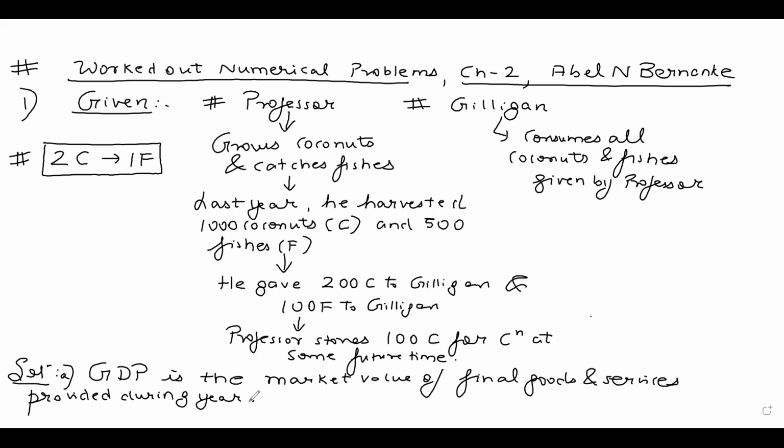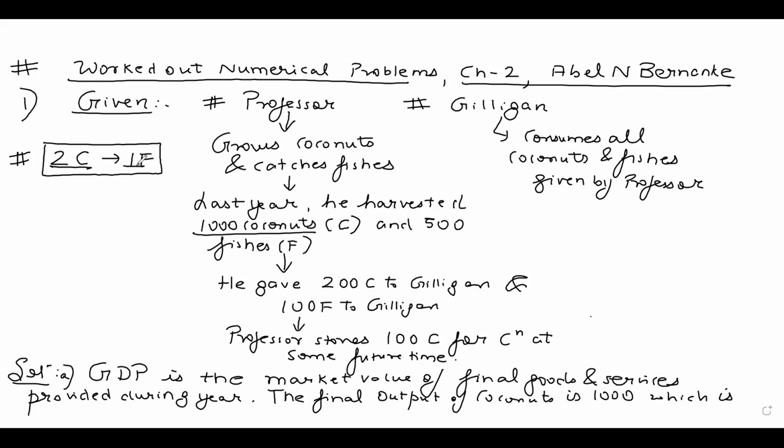And if I look at the final value of coconuts, what are the final coconuts being produced and what is the final fish? If you look at the data, 1,000 coconuts are being produced. So the final output of coconuts is 1,000, which is equal to how many fishes?